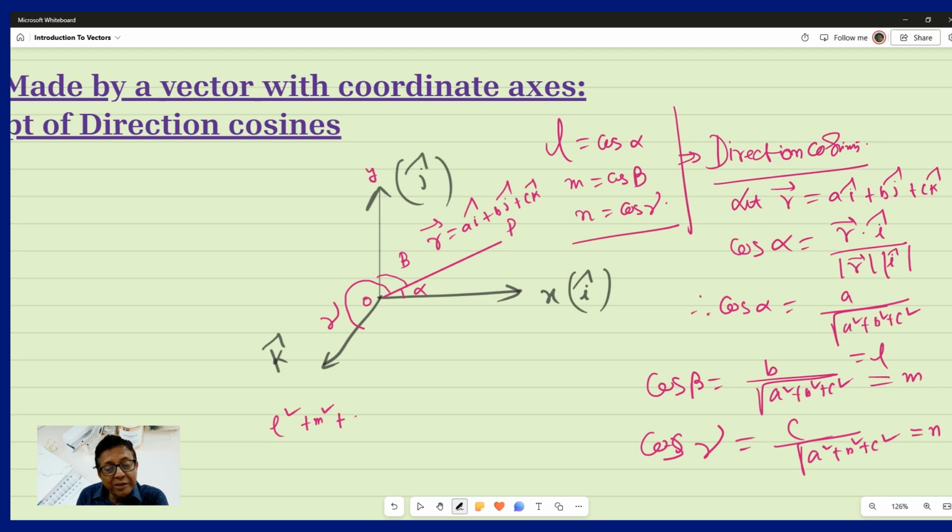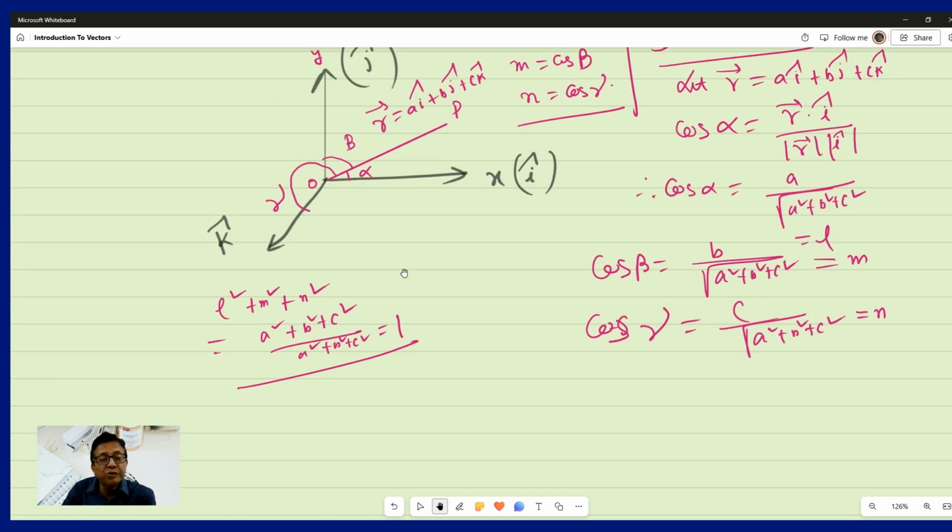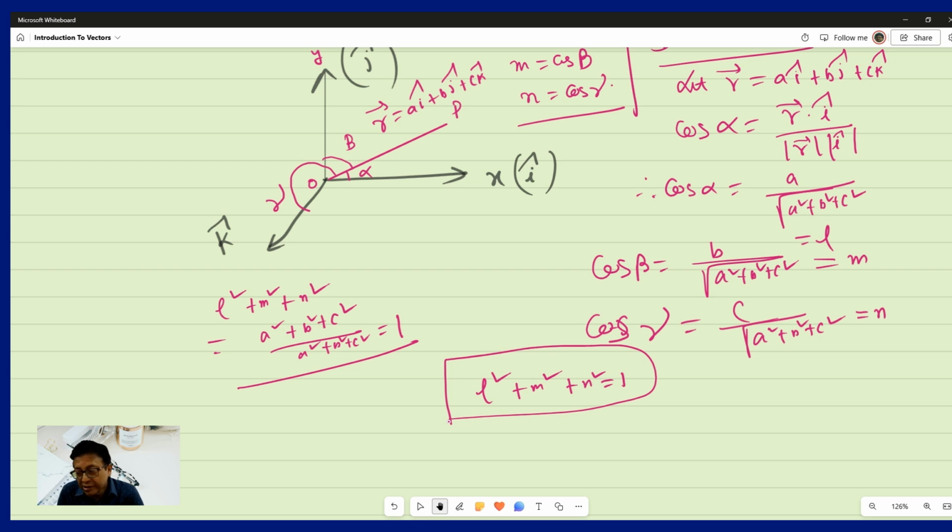So L square plus M square plus N square is what? This is 1. So the sum of the squares of the three direction cosines is going to be equal to 1.